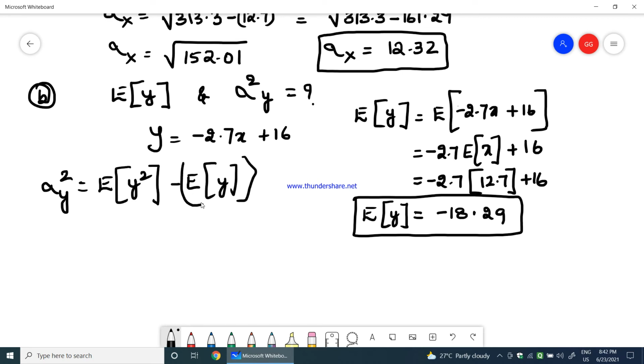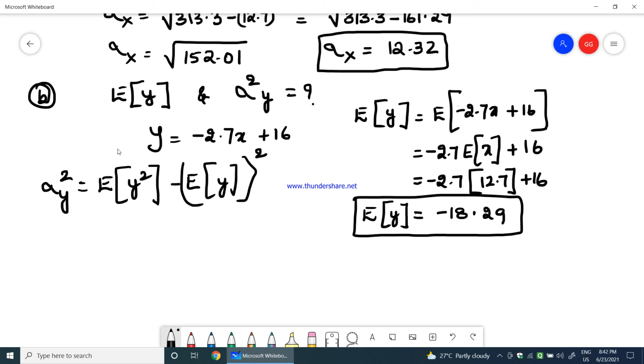But if I try to use this formula, the problem is that we don't know what the expectation of y square is, and we don't know how to find it because we haven't been given any value for y square. Now don't end up taking this equation of y and squaring it and then finding the expectation. That would be a difficult task.